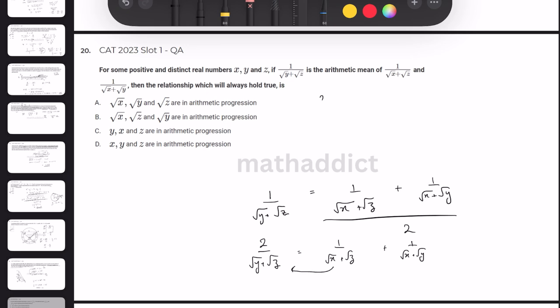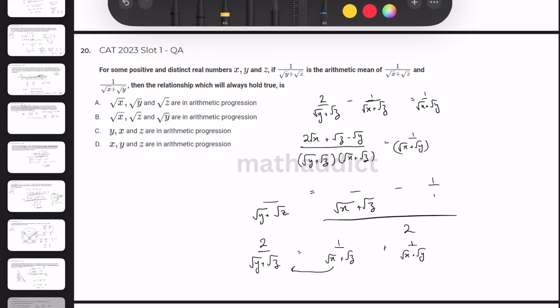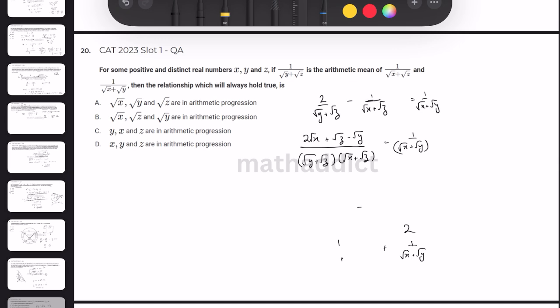So let's bring this here. We'll get 2 upon root y plus root z minus 1 upon root x plus root z equals 1 upon root x plus root y, which will give us 2 root x plus root z minus root y upon root y plus root z into root x plus root z, which gives us 2 root x plus root z minus root y into root x plus root y.